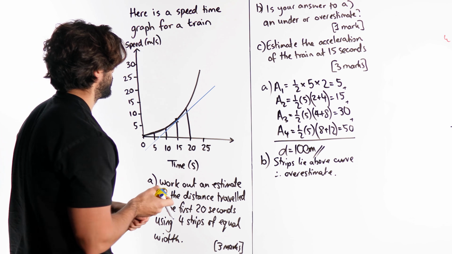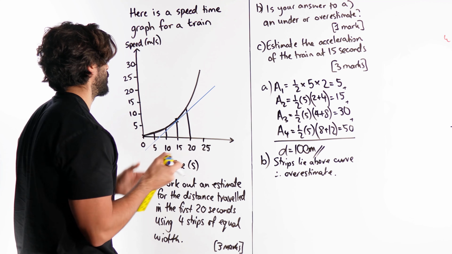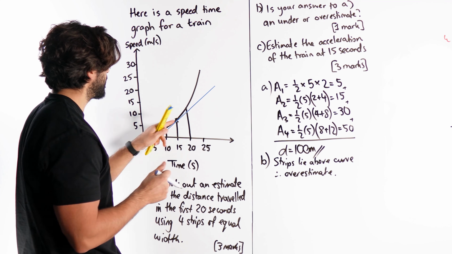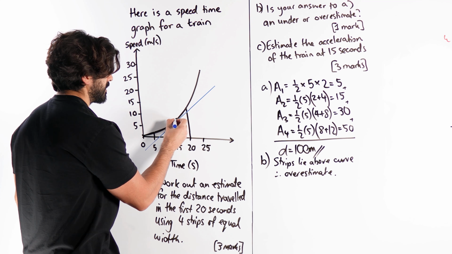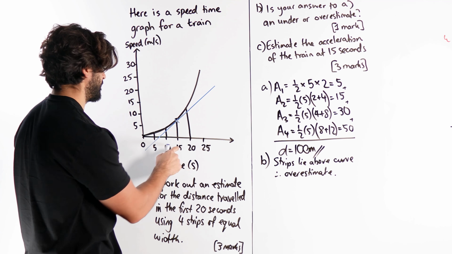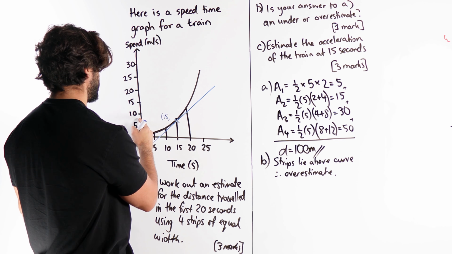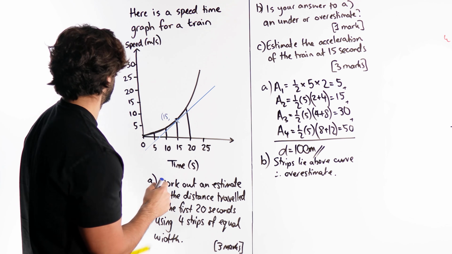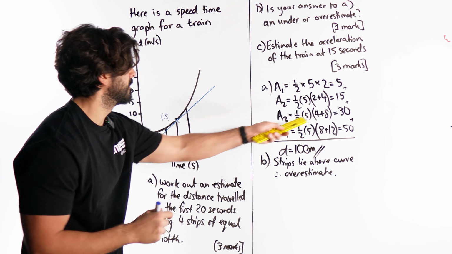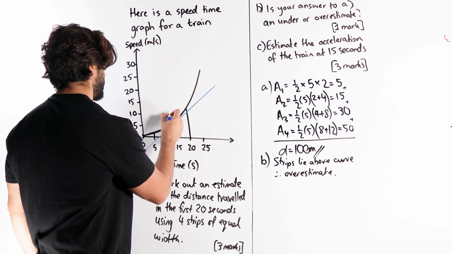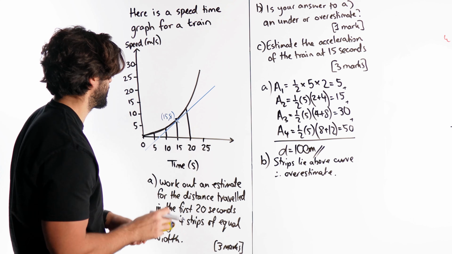Now, what we do now is we find 2 points and we work out the gradient. Okay. Now, I already know what one of the points is. One of the points here is 15. And what was that one again? I think I said that was, what did I say that one was? 8. 15, 8. I said that one was. I just need to find something else.